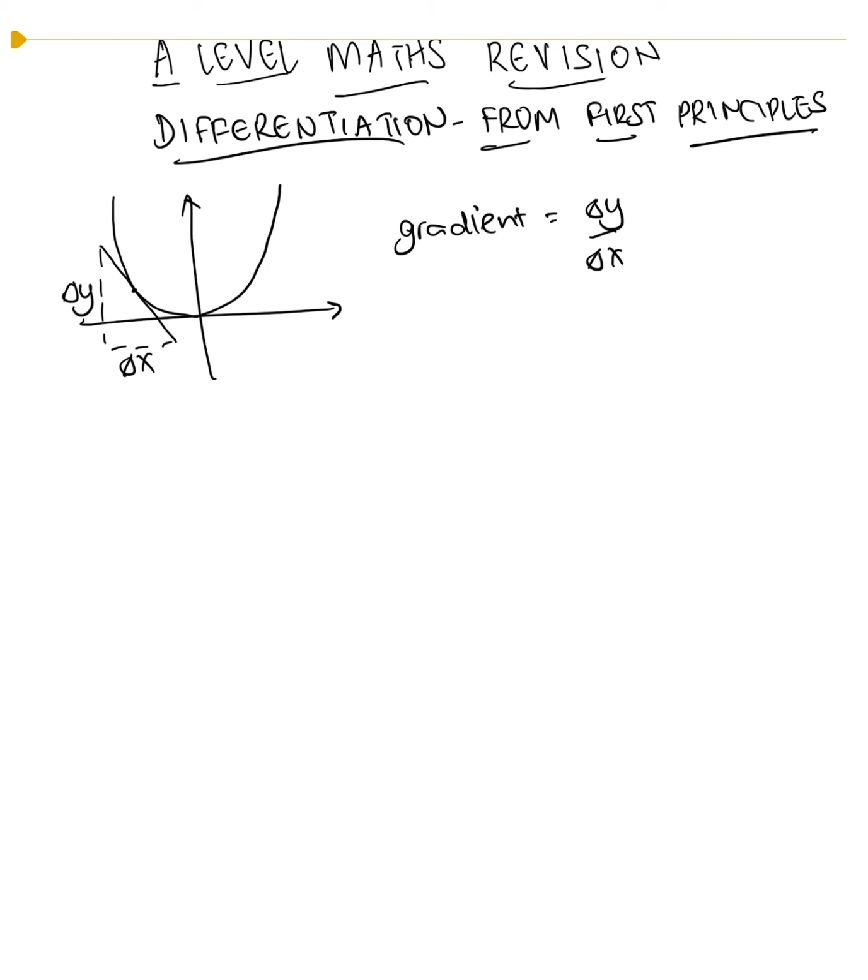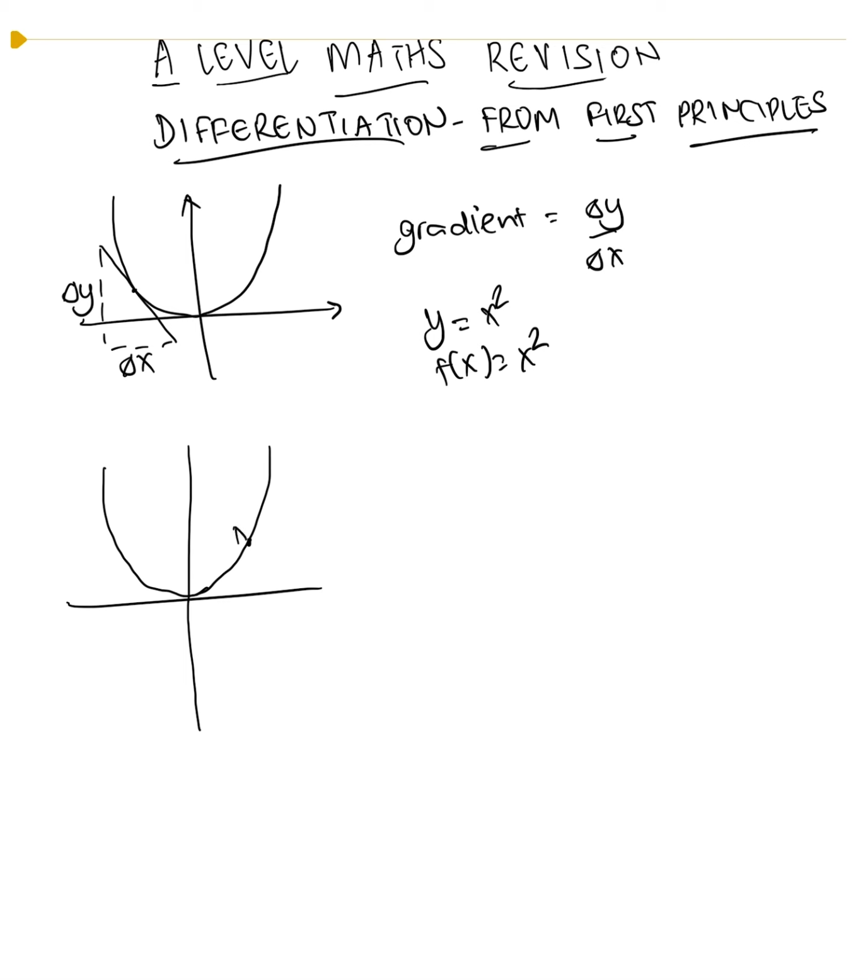So here we have y equals x squared, or f of x equals x squared. Now, in order to find what the gradient is, if you look at this y equals x squared graph, and we're looking at this point here, let us call this point A, and we draw this tangent here.